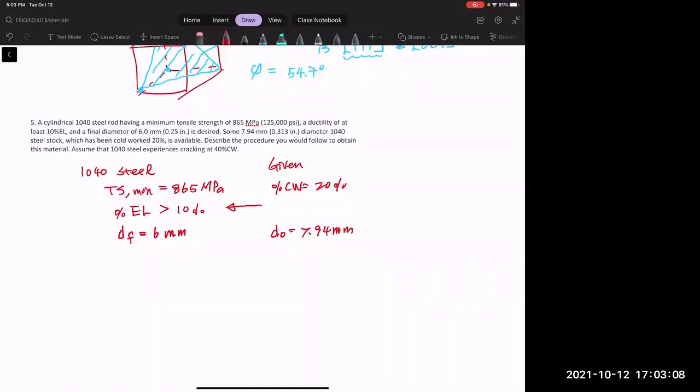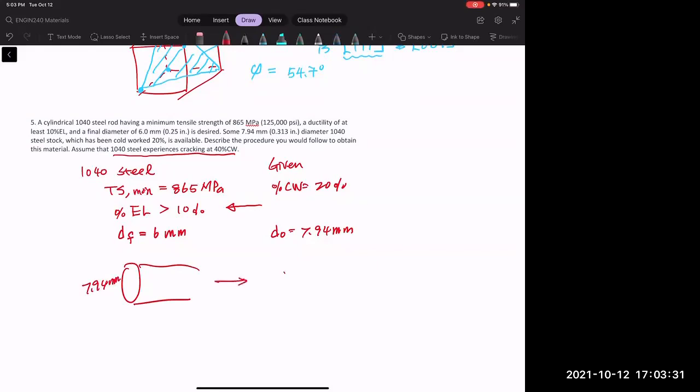And they also tell you here, if you put too much cold work, then this steel might break. The limit is 40%. So you cannot give cold work of more than 40%. Okay, so how do we do this? Well, we start with the steel like this, which is 7.94 millimeter.